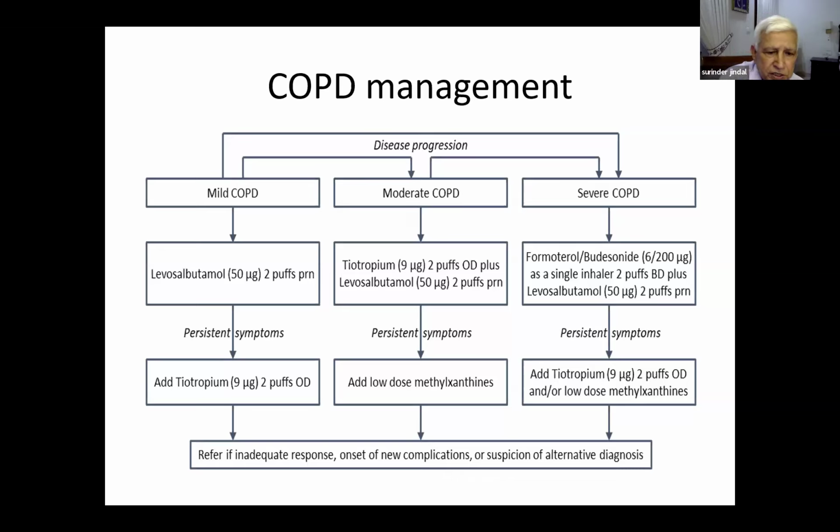But at primary and sometimes even at secondary care level, I think it is better to stick to the baseline treatments. If there is inadequate response, or onset of a new complication, or suspicion of an alternate diagnosis, then the patient is to be referred to a specialist or a higher center. Next.